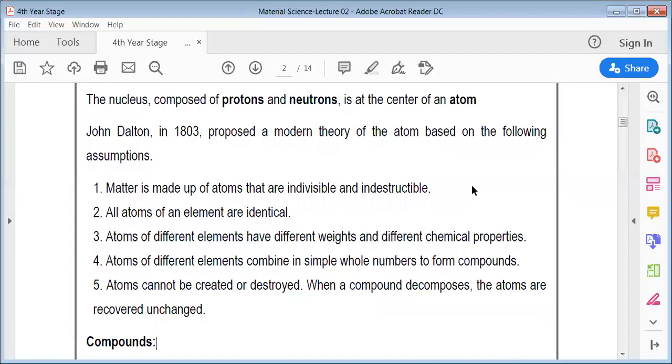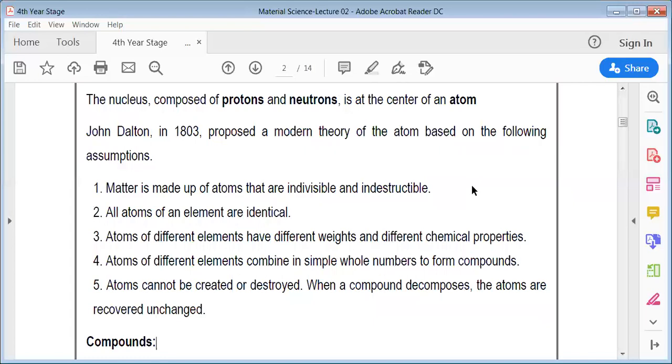What Dalton thought was that we cannot divide atoms into smaller particles. At that time, that was the idea of Dalton, but nowadays this is not true.